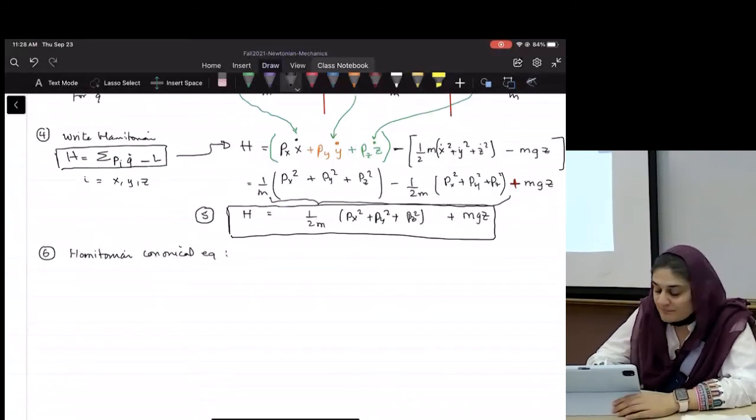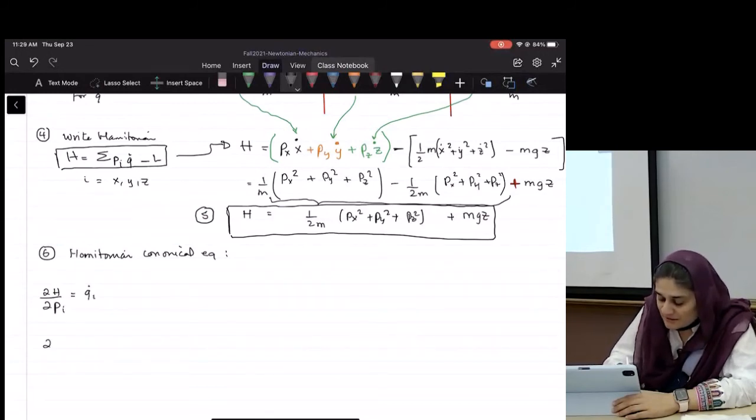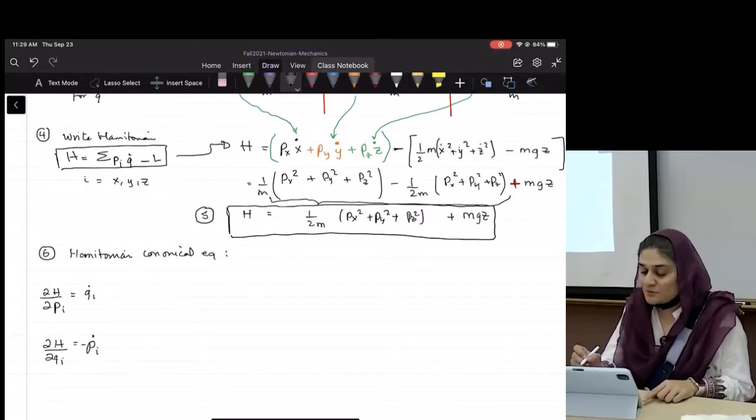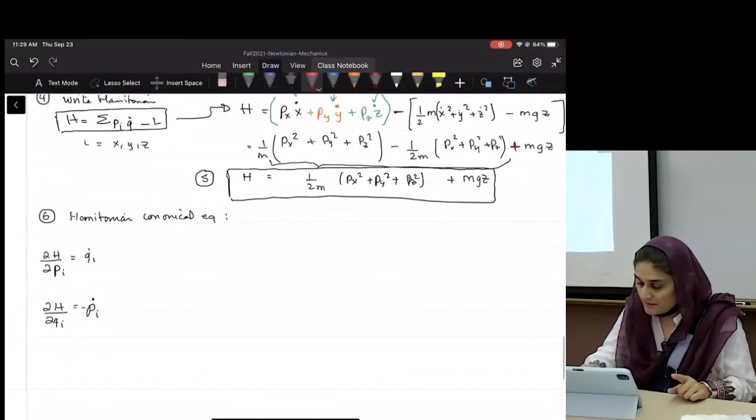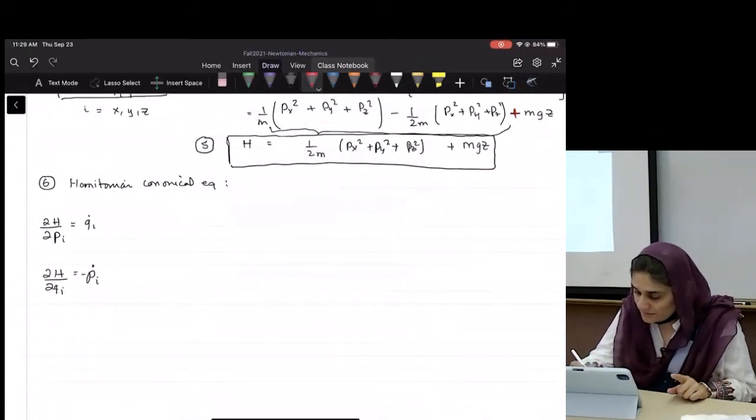Somebody read them out to me. We got partial H over partial Pi is equal to q dot. Okay, and what's the second one? The second one is partial H over partial qi equals negative p dot i. Okay, so how many of these should we have? 3, right? So for each of them, we should have 3. So 6 equations in total.